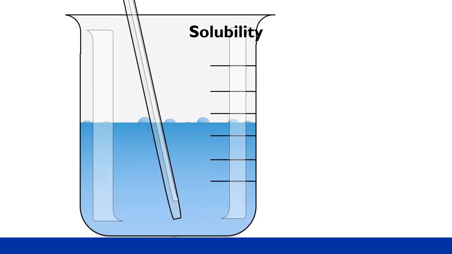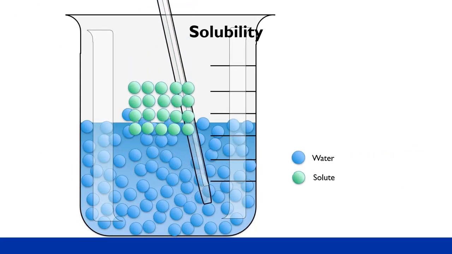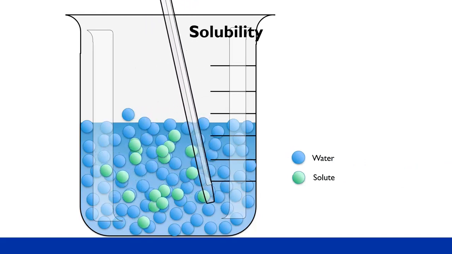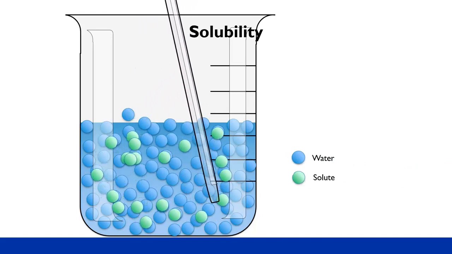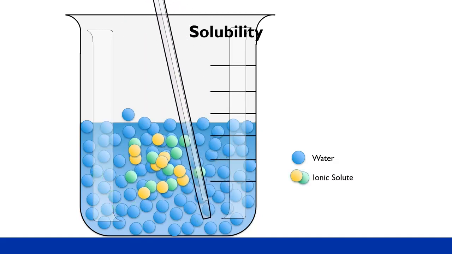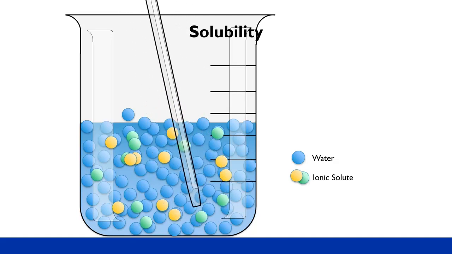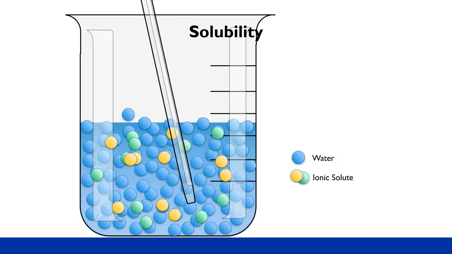What we're looking for then is how the solute behaves when dissolved in a solvent like water. As a solute becomes surrounded by solvent molecules, the substance is said to have dissolved. If we look at an ionic solute, as the solute is mixed with water, the ionic solute may break apart into individual ions, becoming dissolved.